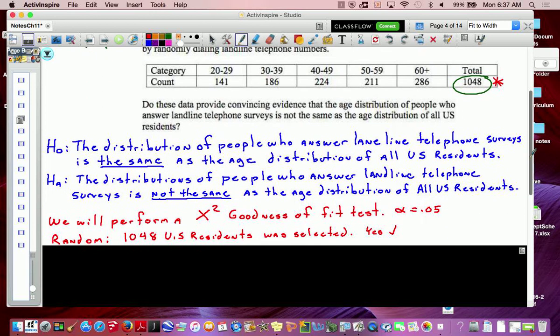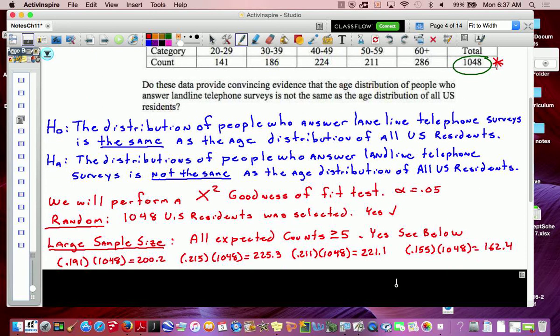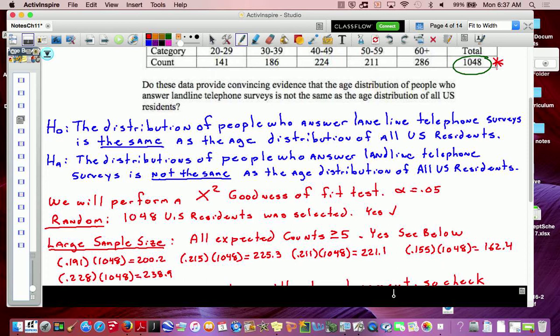Okay? So if you take a look here, that's basically what I have done. So if it helps you, this 19.1 times 1,048, we expected to get 200.2 adults. We expected to get 225.3 adults in their 30s. In their 40s, we expected 221.1.